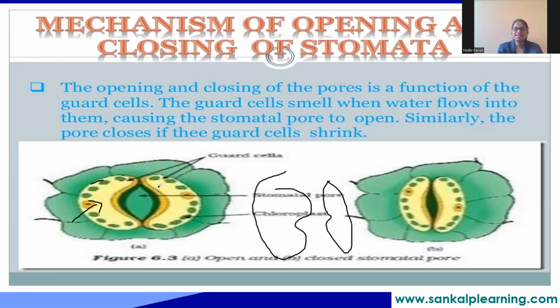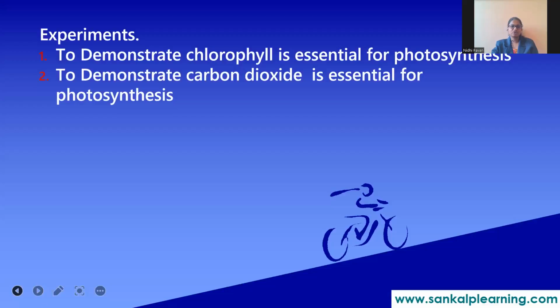So it is not necessary that carbon dioxide should come through the stomata only. If the necessary carbon dioxide is already present inside the plant, there is no need for carbon dioxide to enter. At that time the stomatal pore closes. So this is regarding the opening and closing of stomata and also the photosynthesis process.